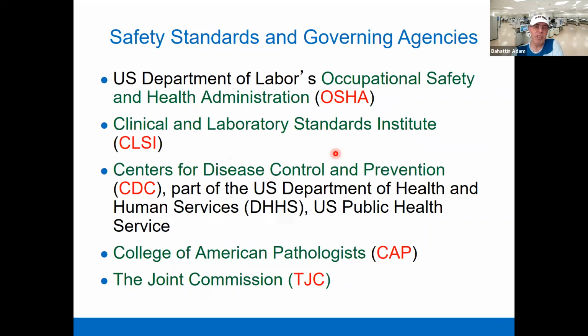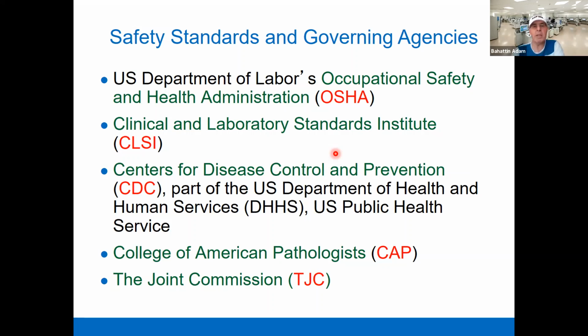As you see, there are five institutions for safety standards and governing agencies. These are, as I said, OSHA, the Clinical Laboratory Standards Institute, CLSI, the CDC, and you know the last two from Chapter 1: CAP, the College of American Pathologists, and the Joint Commission.